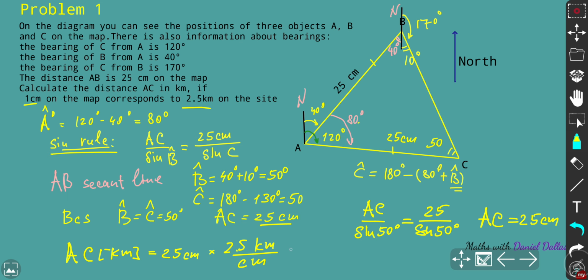Centimeters will be cancelled and we are left with kilometers. So 25 times 2.5, we got 62.5 kilometers.